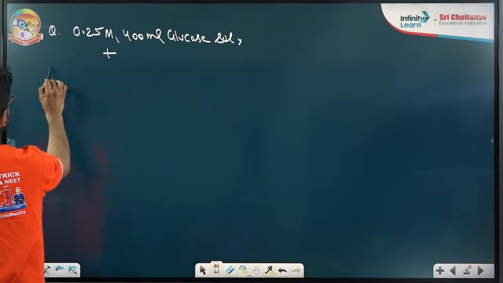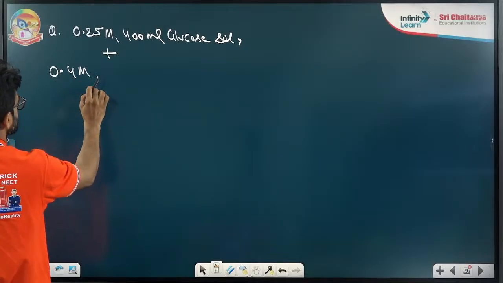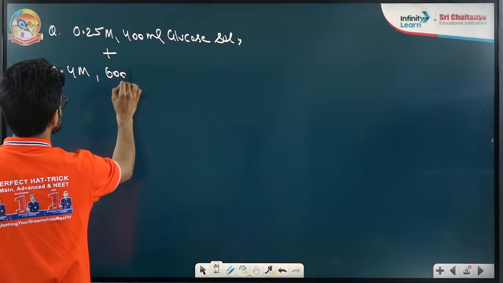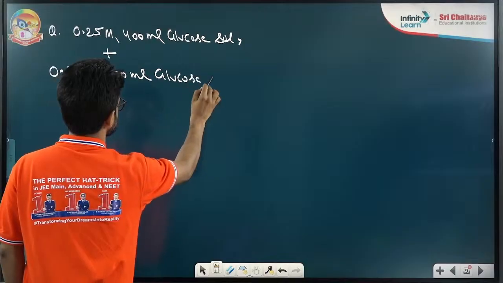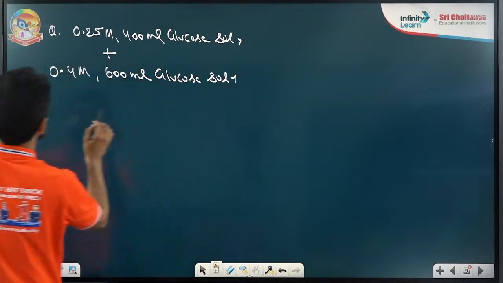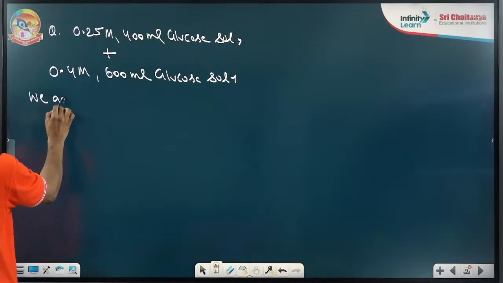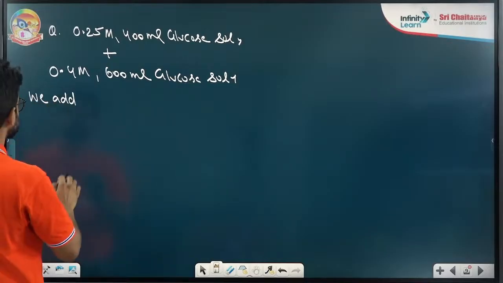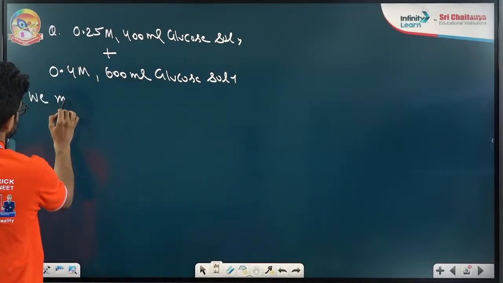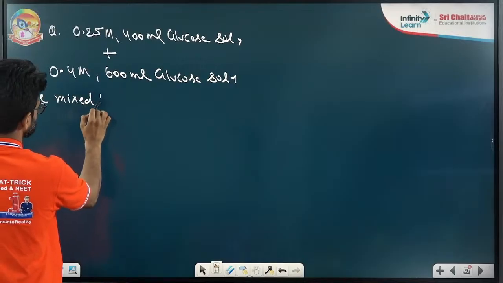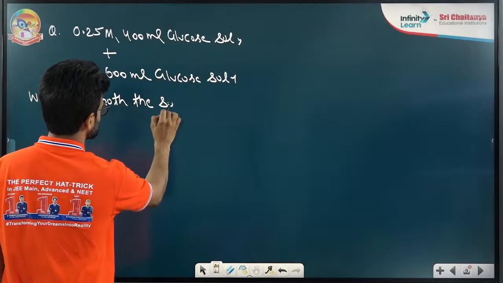And we are adding a 0.4 molar solution, and the volume I'm saying is 600 ml of glucose solution. The question is, we mixed both the solutions.